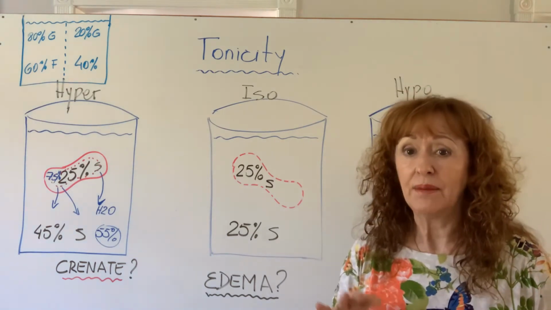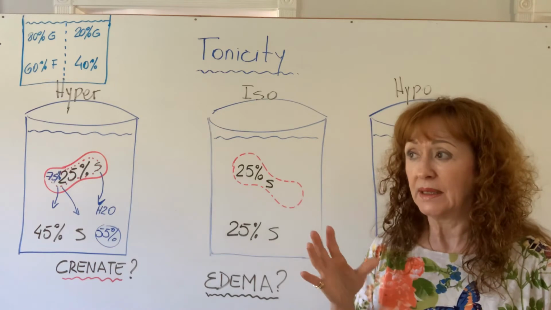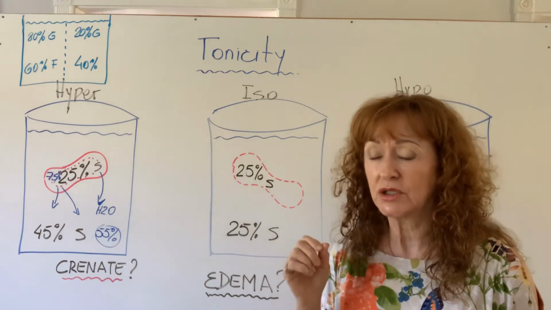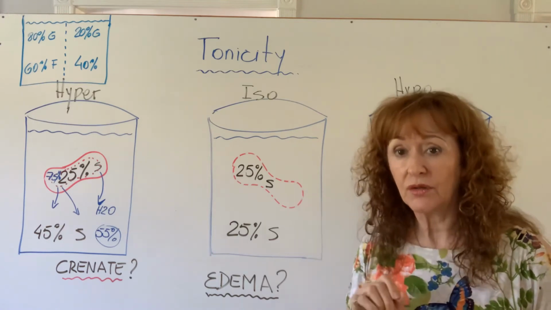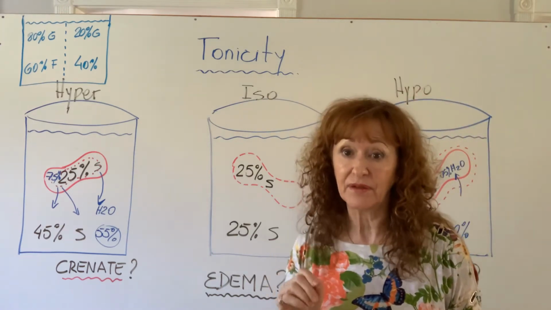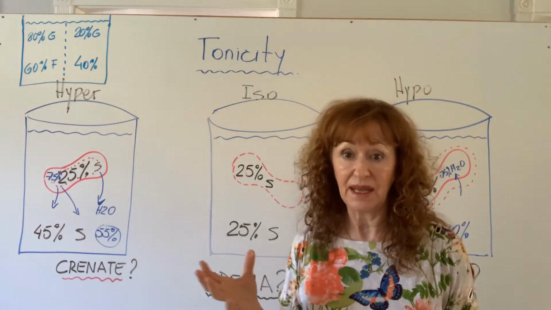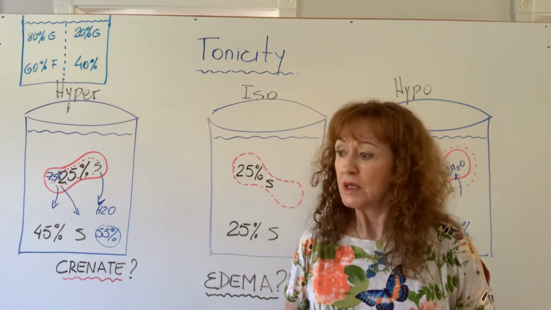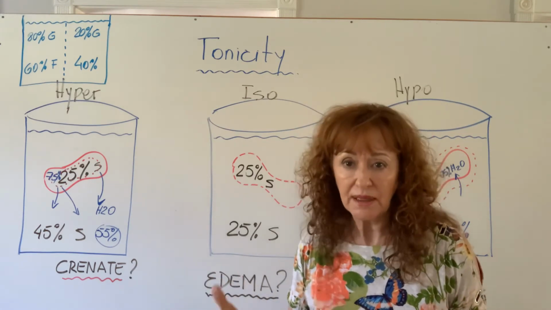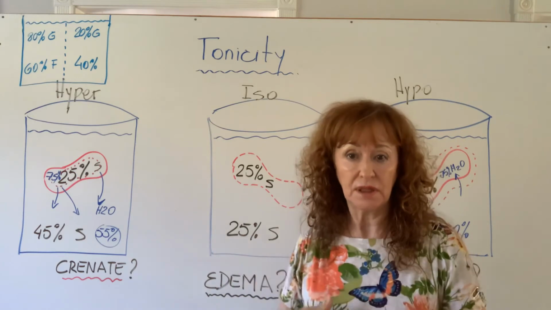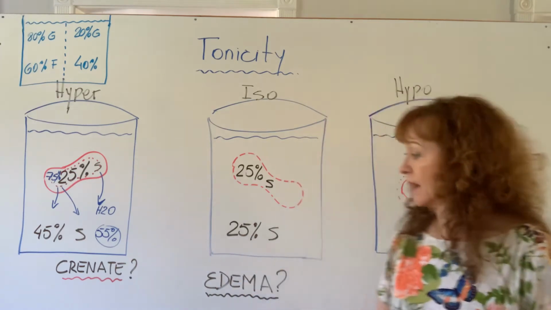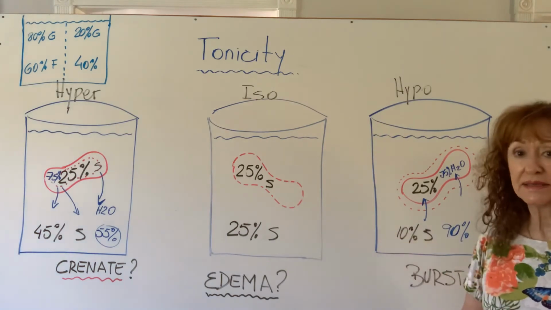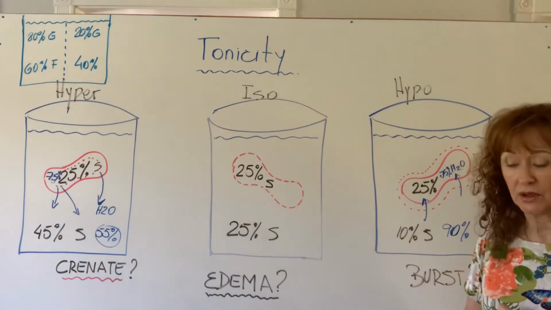But it can also be that the concentration is affected by the filtration of those proteins if the nephrons have a certain kind of disorder. So there are two main reasons why the concentration of albumin decreases in the bloodstream, and that scenario becomes hypotonic.